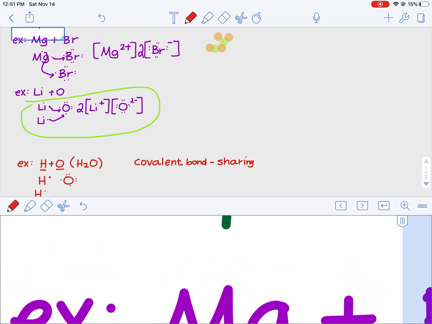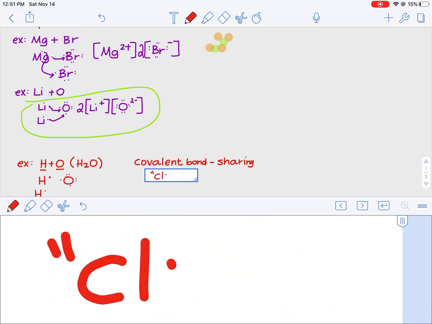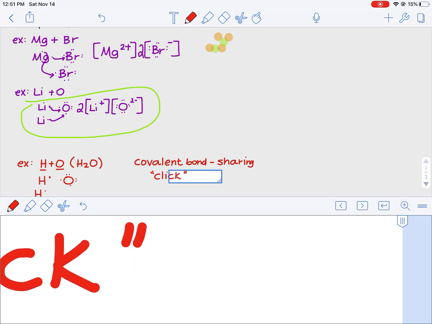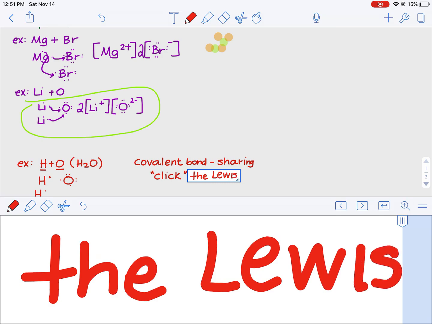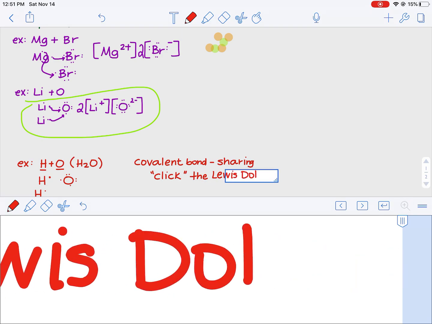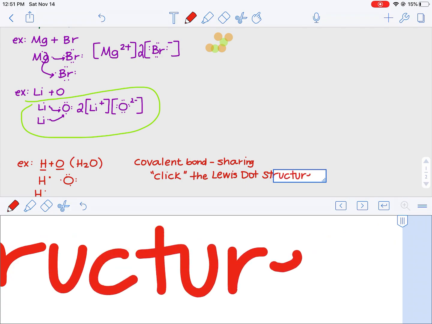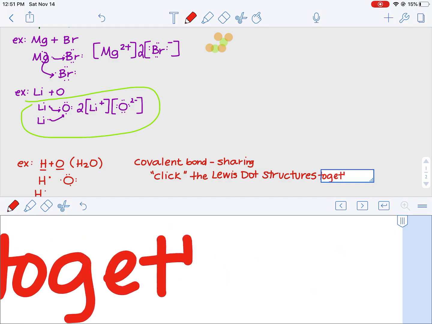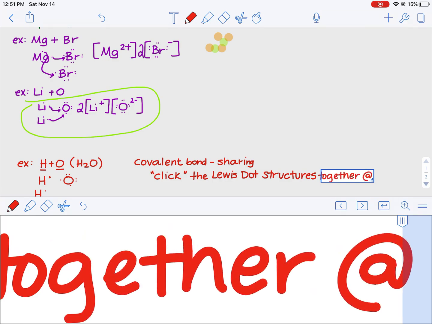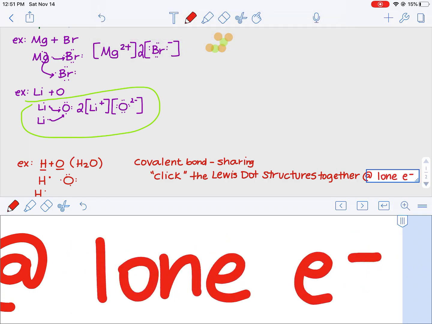When you're working with covalent bonds, the reason why I used that term puzzle pieces before is because we're literally going to click the Lewis dot structures together as if they were pieces of a jigsaw puzzle. And they're able to be clicked together at the lone electron locations.